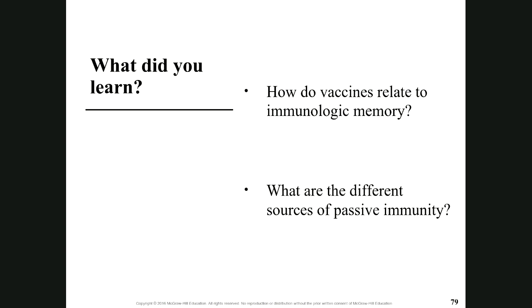And in this part, you can answer these two questions. How are vaccinations related to immunologic memory, and what are the different sources of passive immunity? You need to remember that we have two types of immunity. One of them is active, when our body actively makes antibody. Sometimes we can acquire it naturally, and sometimes artificially.